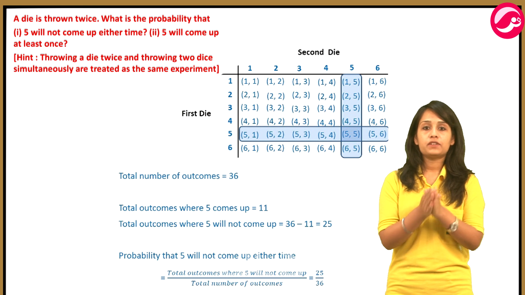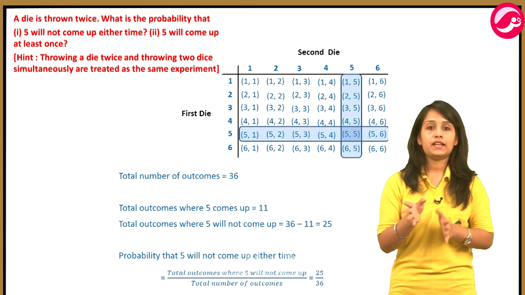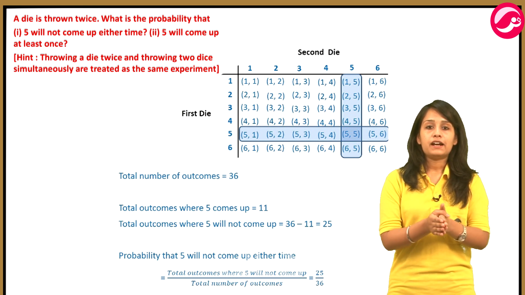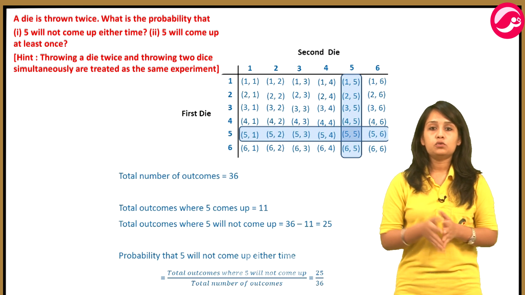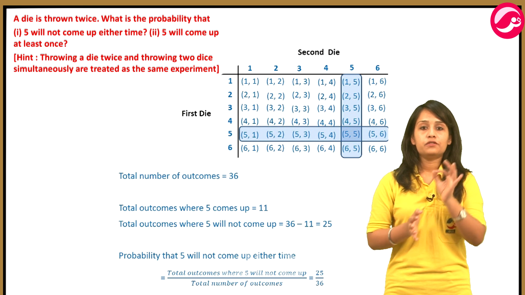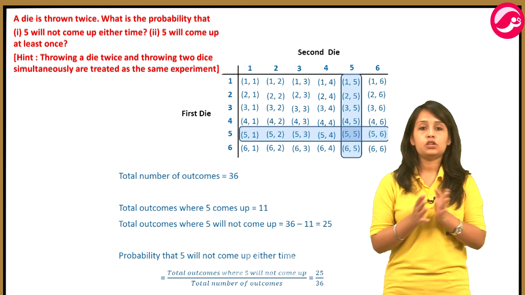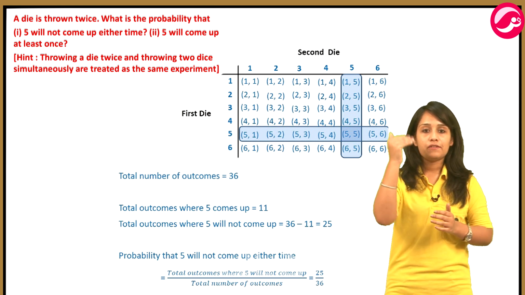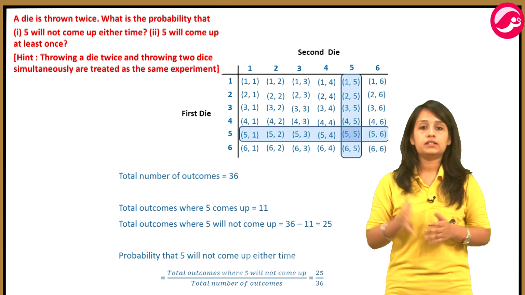So total number of cases that are favorable is equal to 11. So probability that 5 will come up either time is equal to 11 by 36. And as we know, probability that 5 will not come up either time is equal to 1 minus 11 by 36, that is 25 by 36.